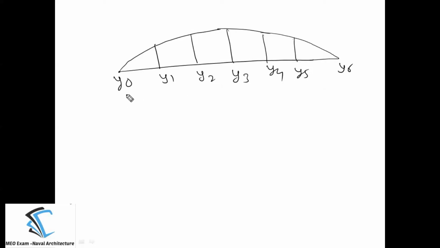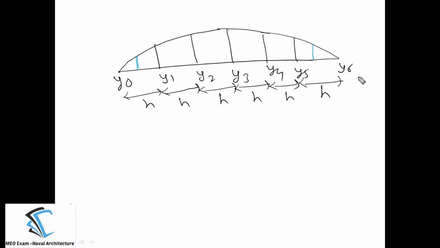Now here everything is a full spacing at this moment. The spacing between each consecutive ordinate is h. I will call it a full spacing. Now I will put a few ordinates in between y0 and y1 and in between y5 and y6, and those are also at half intervals.